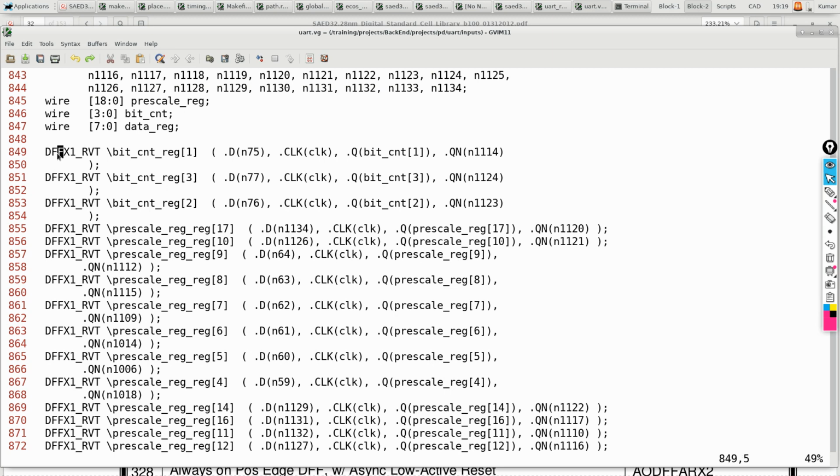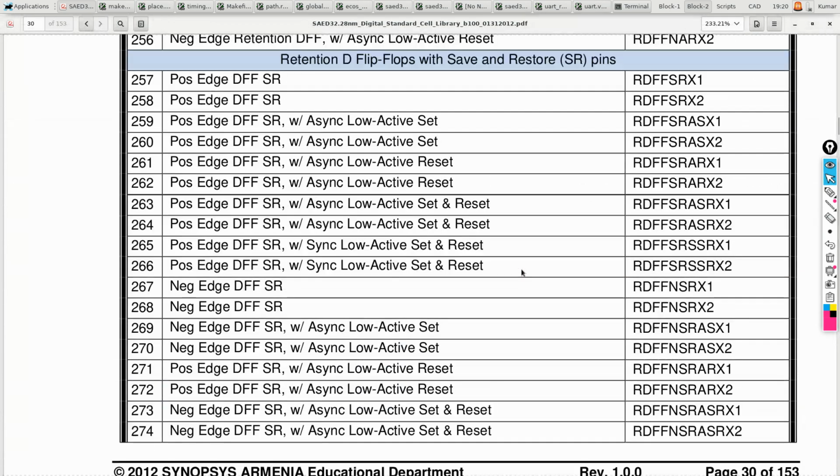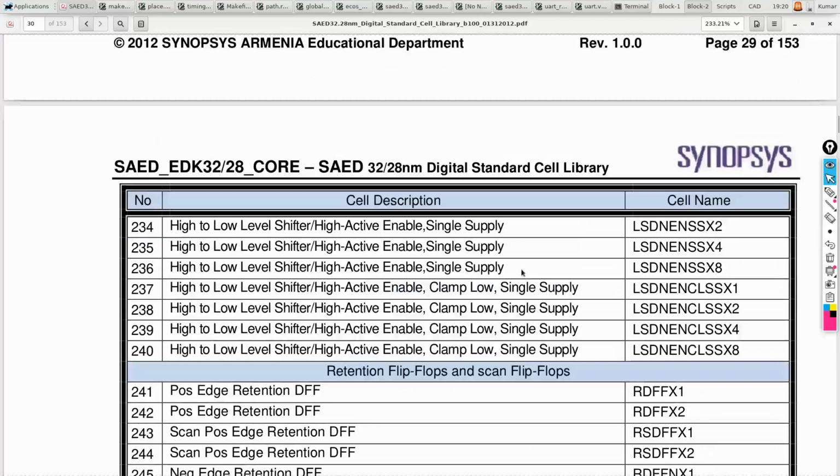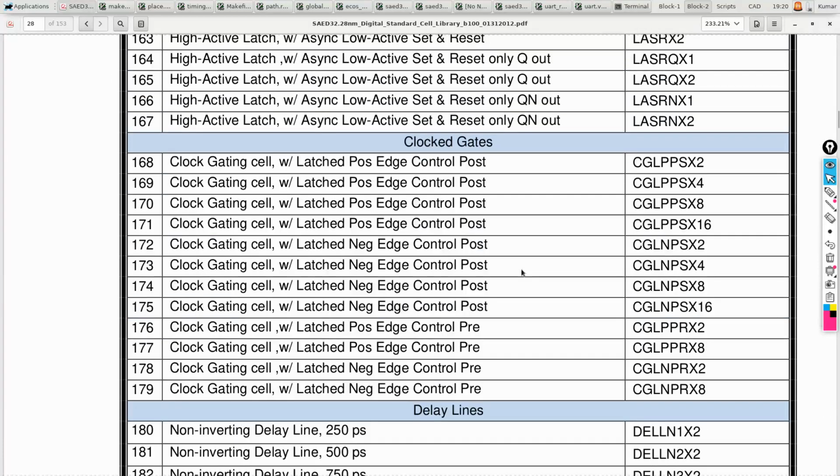It refers to this document, right? RVT is the same. DFF X1 is a part of the same library, in the document. Yes, the cell name, right? Yeah, right. One minute, let me just show you. Just give me a minute.